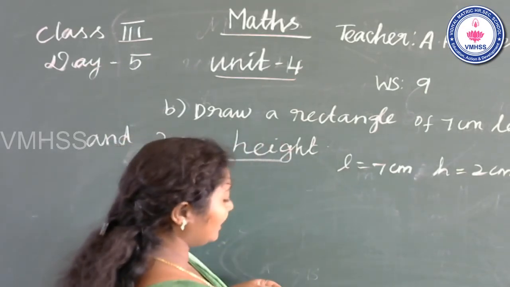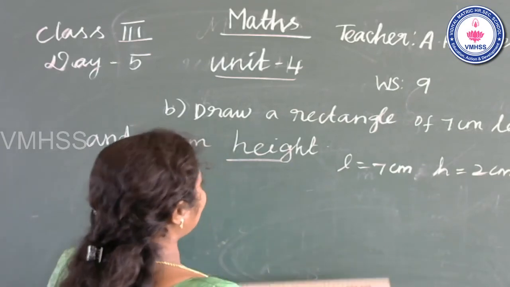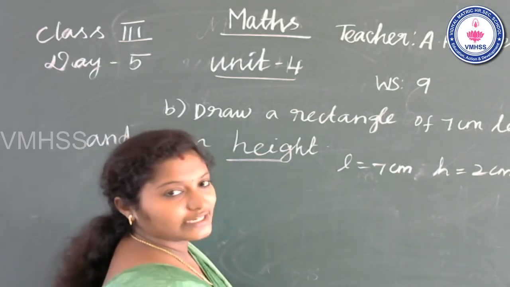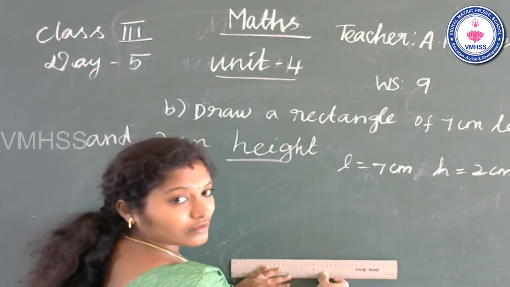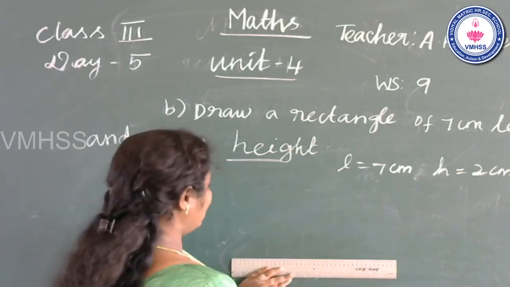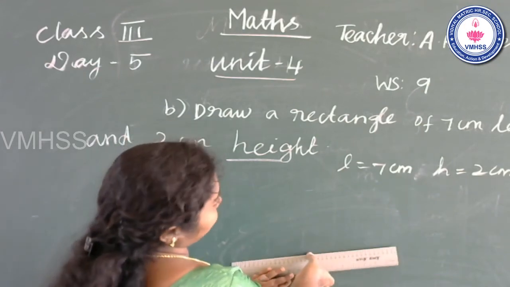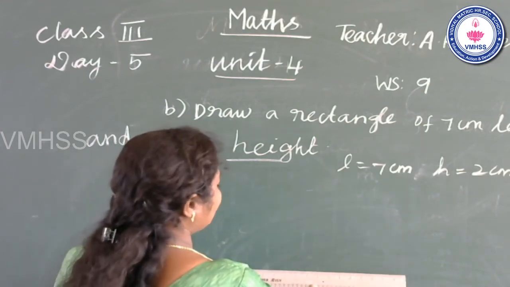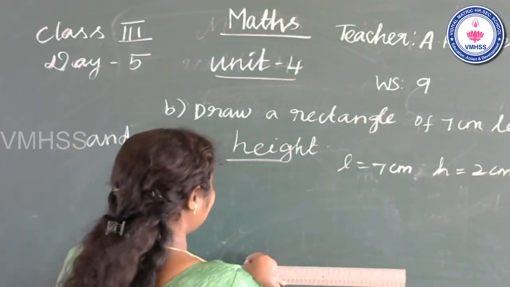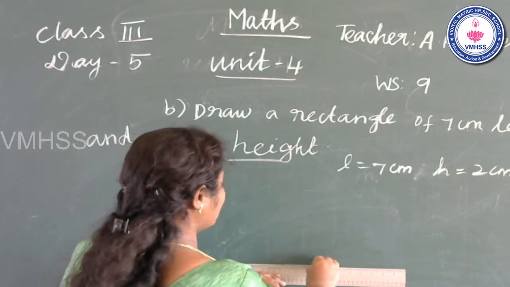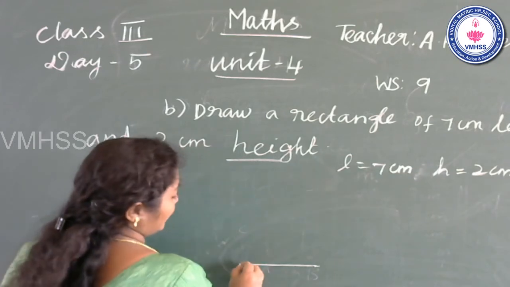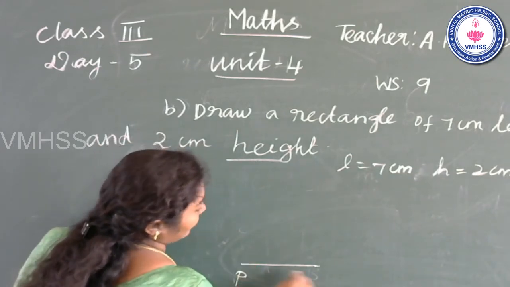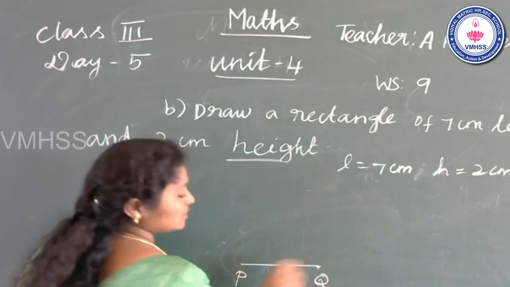You will draw a horizontal line of length 7 centimeter. Mark it, for example, P and Q. So what is the line?